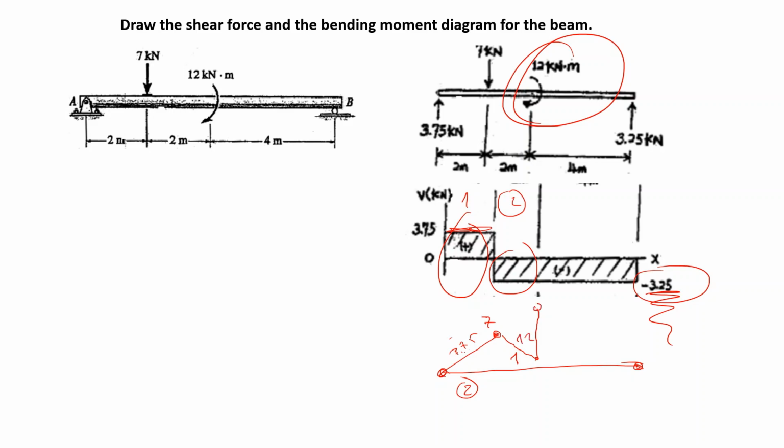So you come to the point 13, and starting from 13, you go down with a slope of, again, 325 for 2 meters, 13 down to 0 in 4 meters with a slope of minus 3.